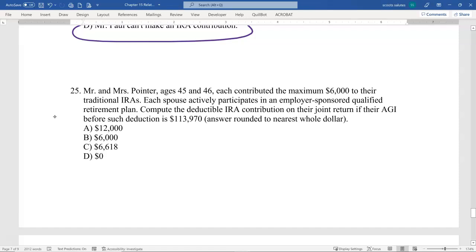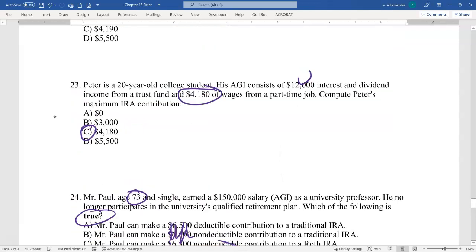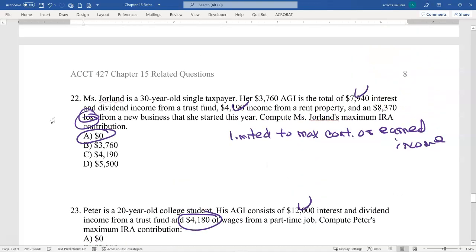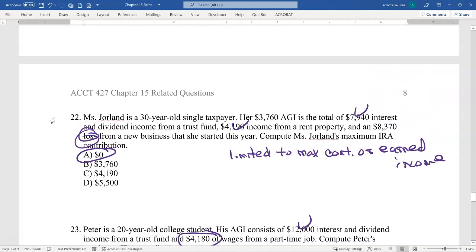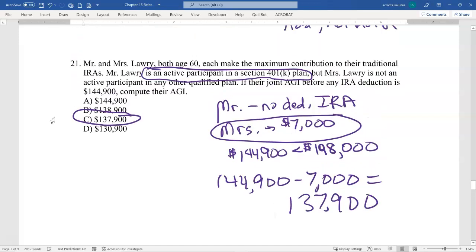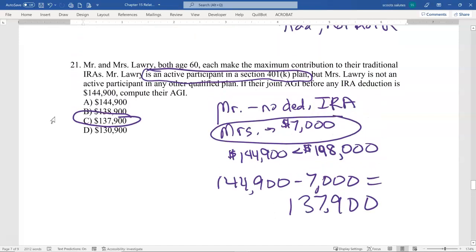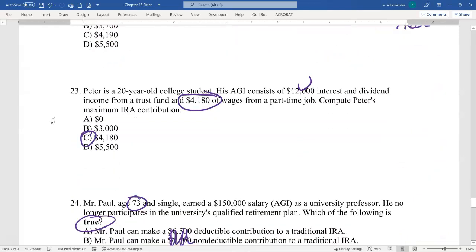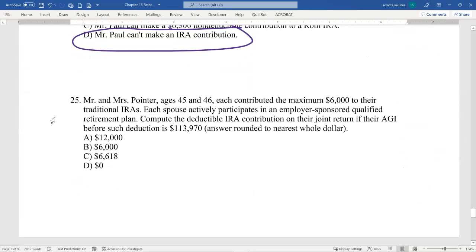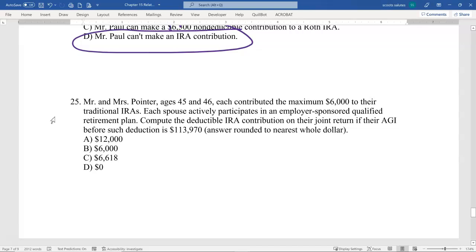Right, so let's look at that and compare that up here. In this case, Mr. Lowry up here cannot participate because he was a participant in the Section 401k plan. Well, down here, they're actually participants in an employer-sponsored qualified retirement plan. So this one gets kind of tricky.